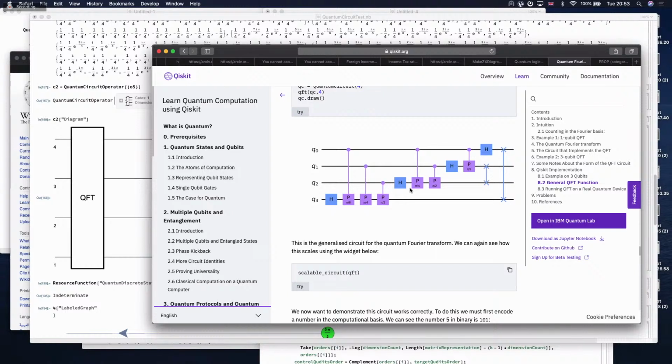Do you have to have a phase change of pi over 2 to the n? Yes. Or something of pi over? I think so, yeah. Okay. All right, but we can clearly get that. I mean, this is cheating a little bit, because if we say we're locked into having only pi over 8 phase change, we just have to have a whole bunch of gates to do these things.